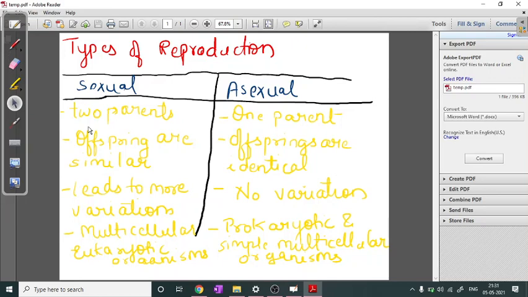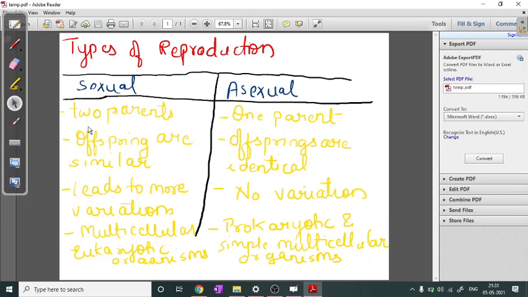So why are variations important? Because if there is variation in a particular species, that species will be able to adapt to the changing environmental conditions, and it will increase the chances of survival, right? So sexual reproduction leads to more variations, whereas there is no variation in asexual reproduction. Why is there no difference? Because the offspring is exactly similar to its parents.